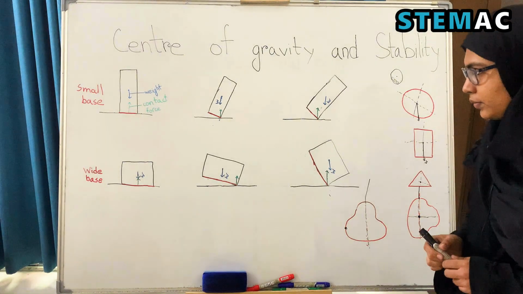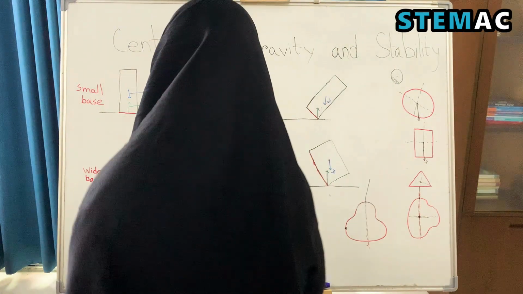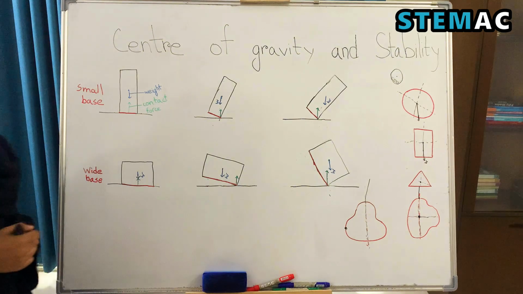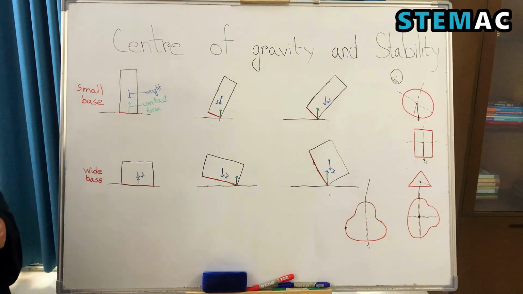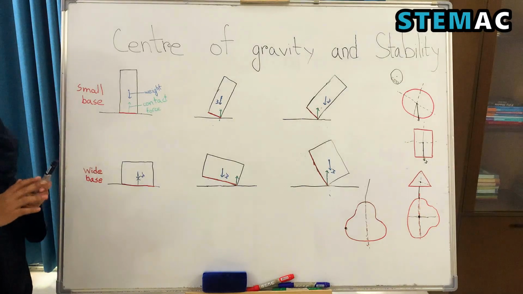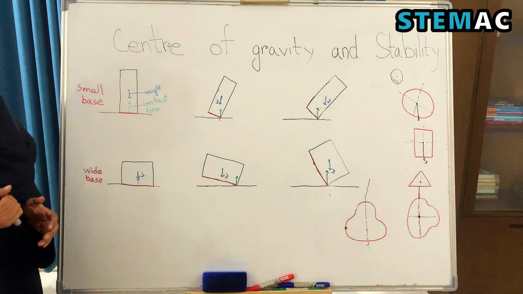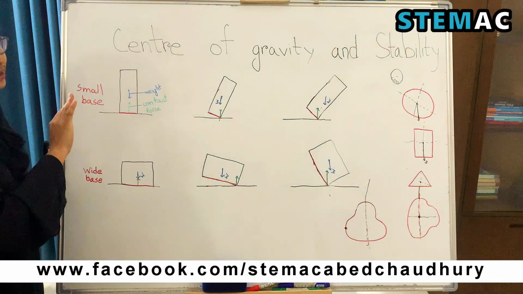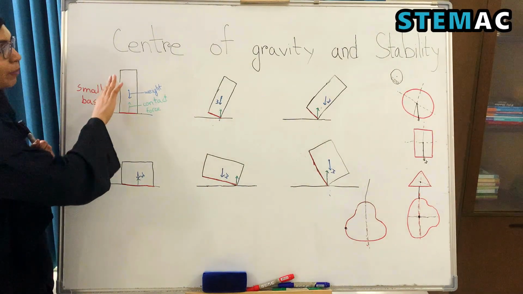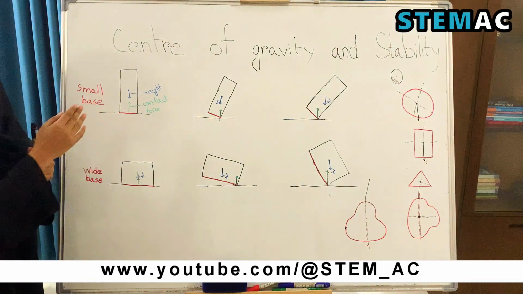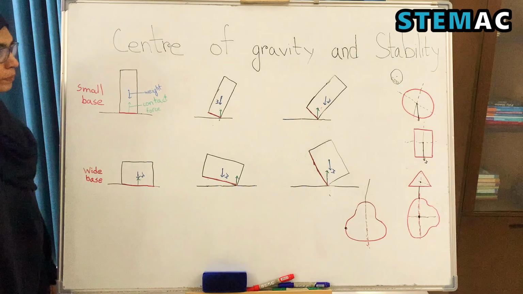Okay. So center of gravity is related to the stability of objects. Let's first know what a stable object is. A stable object is one that is less likely to fall over if it's tilted or moved. That means if the object is tilted, it will be more likely to return to its original position.